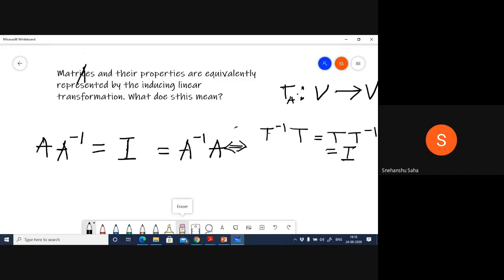Now, a linear transformation is a very special type of function, which satisfies a couple of properties. These properties are the following. I'll just write it down in the following fashion.